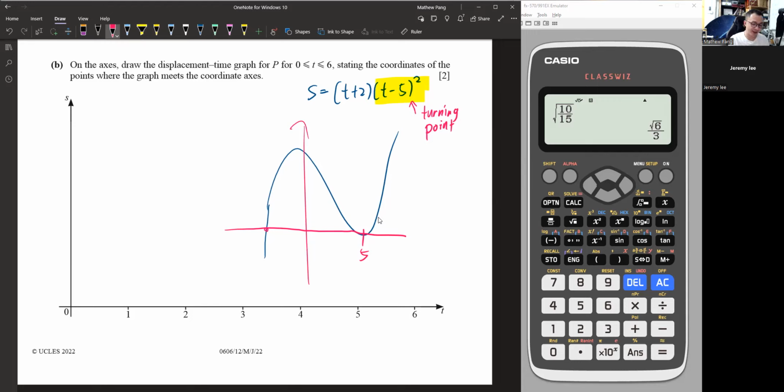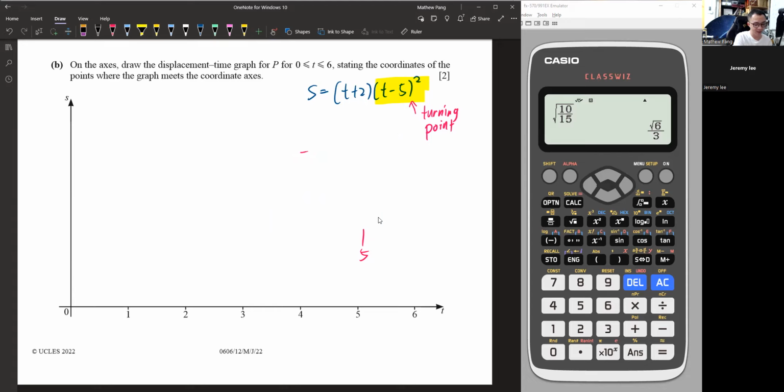If I put t equals 0 into this equation, I get 0 plus 2 is 2, and then negative 5 squared, which is 25, so 2 times 25 is 50. That means I will pass through 50 here. There is no need to draw any graph before that. Then I will have a turning point at 5. So I roughly got the idea already.